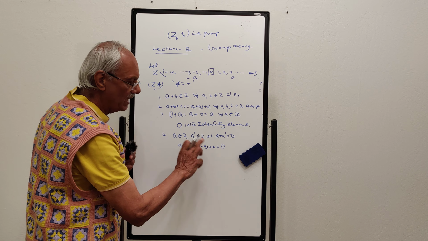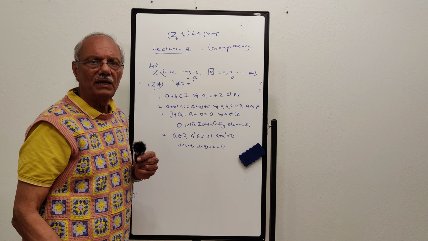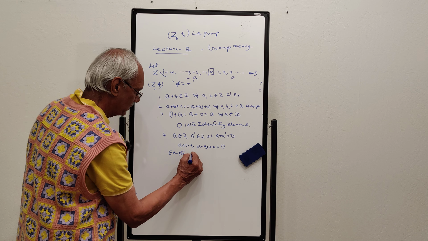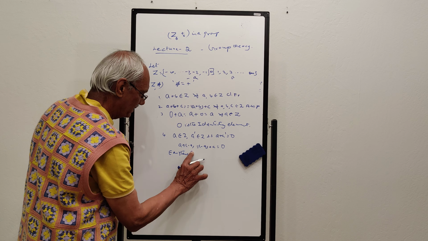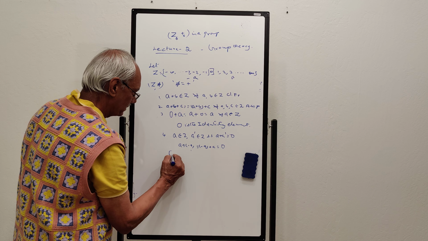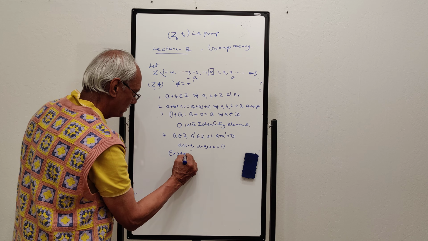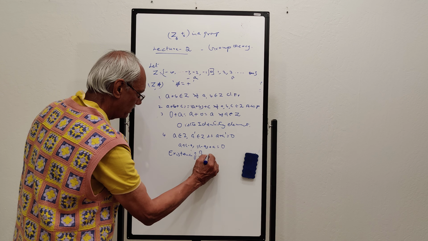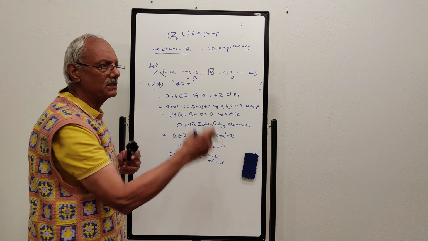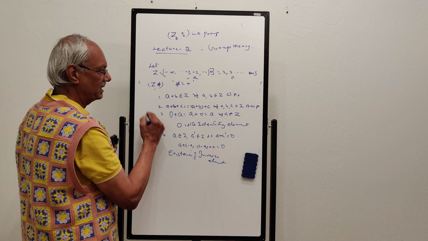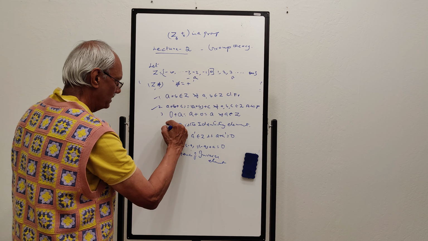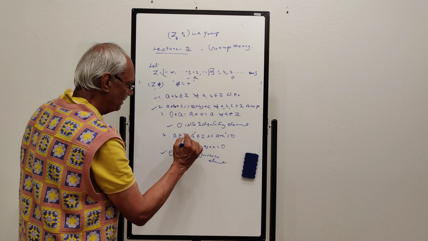Therefore, for every a there exists an inverse element, so the existence of inverse. We are able to establish the existence of the inverse element. Therefore, 4 properties are satisfied: closure property, associative property, identity element, and existence of inverse element.